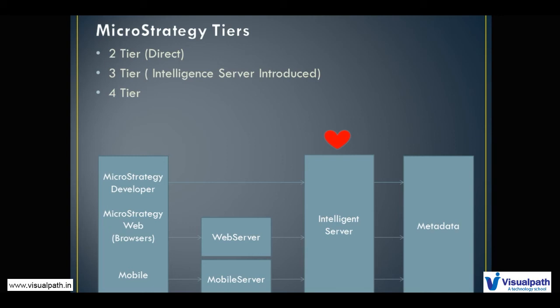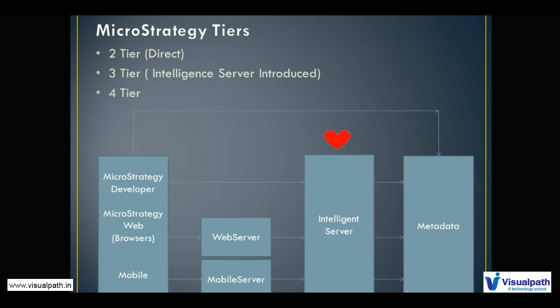The first is called 2-tier, which is also known as direct tier, MicroStrategy design architecture. The second is called 3-tier architecture, where Intelligence Server got introduced. We already talked about Intelligence Server. The third one is called 4-tier. Let's cover one by one what all those tiers mean.